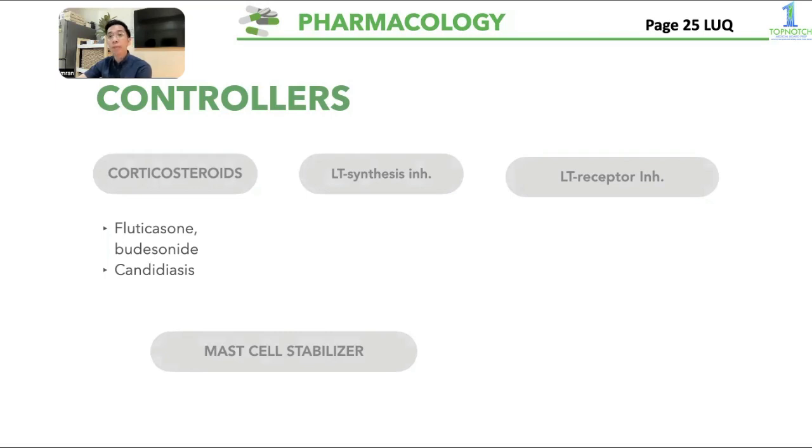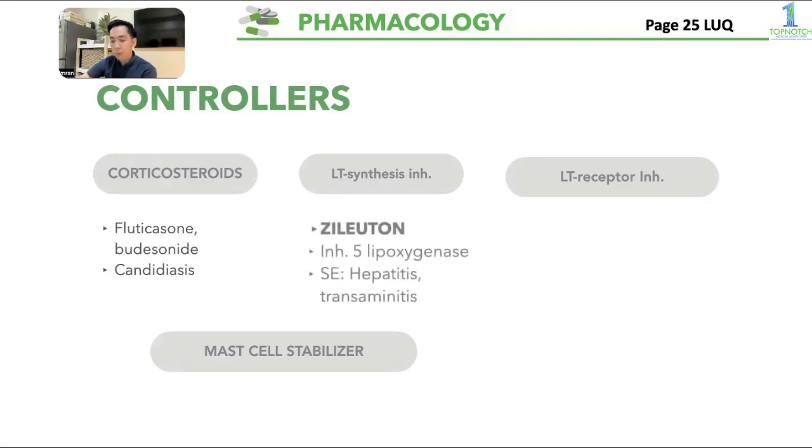Pero remember, if yung ating inhaler ay nagko-contain ng corticosteroid, ano yung kailangan mong sabihin sa mga pasyente natin? Kailangan nilang mag-gargle or kailangan nilang maglinis ng bibig, no? I-swish nila with water yung bibig para hindi masuppress yung immune function na nandun sa local area ng bibig natin, no? Dahil dun sa mga corticosteroids. And that will cause kasi candidiasis, no? Magkakaroon sila ng oral thrush.